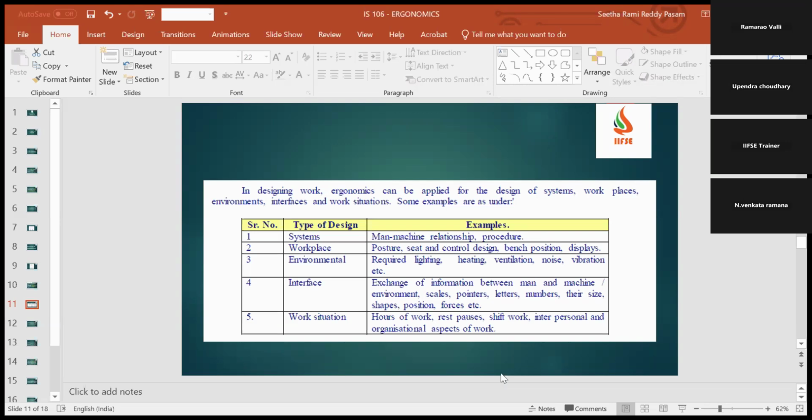Then shift work, what the different shifts are, and the interpersonal and organizational aspects, with respect to personal and organization-level activities.